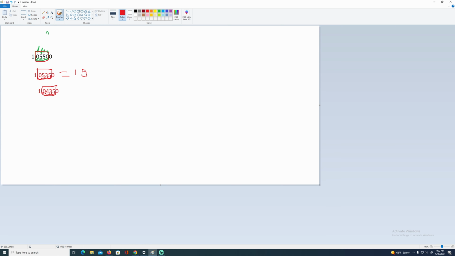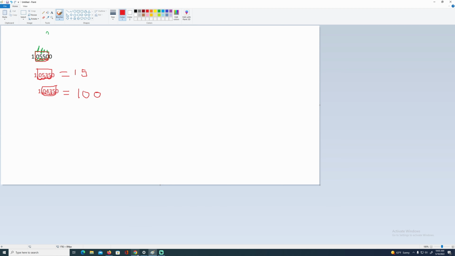It went down from 535 to 435. So from this number to this number, how many pips did it go lower? Well, a total of 100 pips. So that's how we calculate pips. I hope now you understand pips. So that's the movement in price.